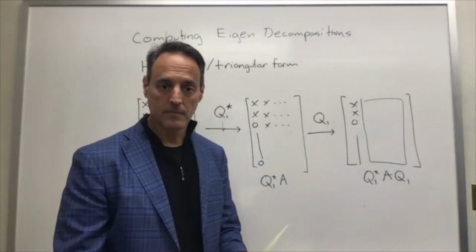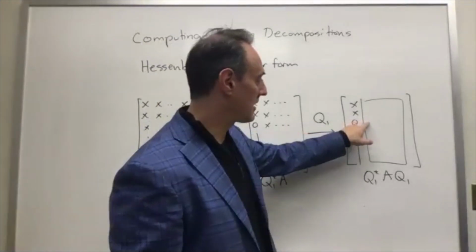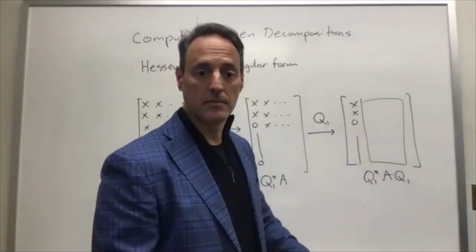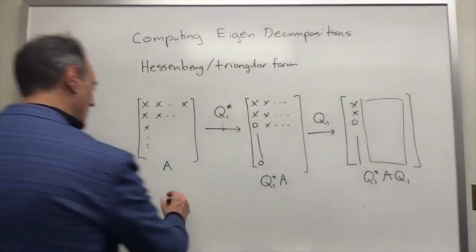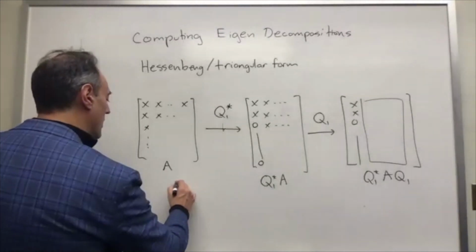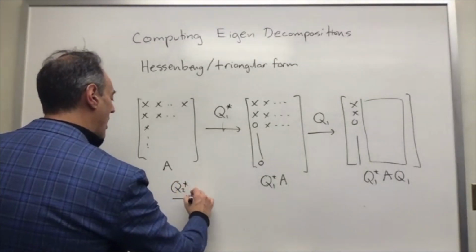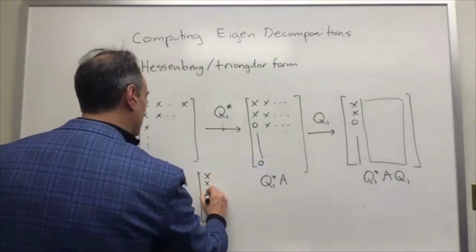Okay? Step two, now go to the next diagonal, make it all zeros. So now what I'm going to do is find a new matrix. I'm going to continue right here. Hopefully this will work. Q2 star, where what I want to do is already have X and zeros.